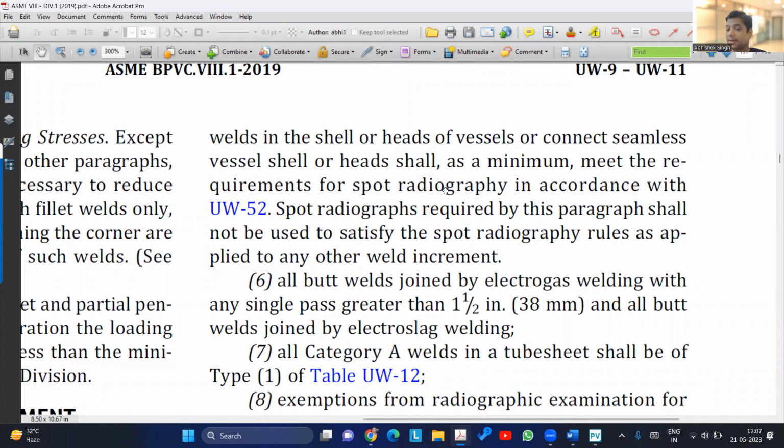You cannot say that I've done full radiography for the long seam, and for category B and C, the circumferential seams and the ends which are connecting with shell or nozzle, we are doing no radiography. You cannot do that. If you are doing full radiography for the long seam, at least spot radiography you'll have to do for the circumferential seams. That is a minimum requirement.